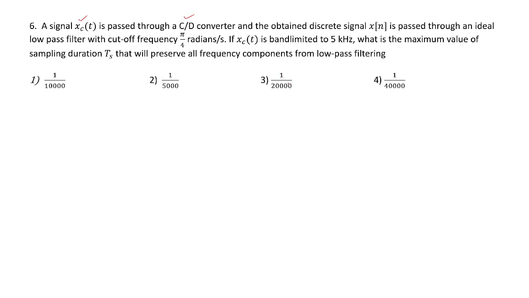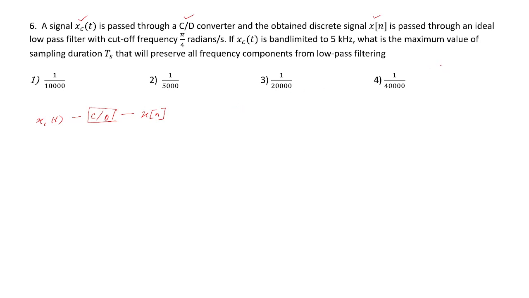So there is a lot of information in this question. Let us go through the question again. Basically, you are passing a continuous time signal through a CD converter and you are obtaining a discrete signal x[n]. You are passing xc(t) through a box which performs this CD conversion. At the output, you get this discrete time signal x[n].